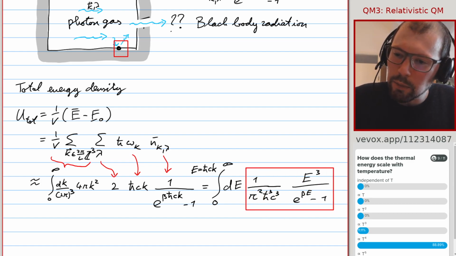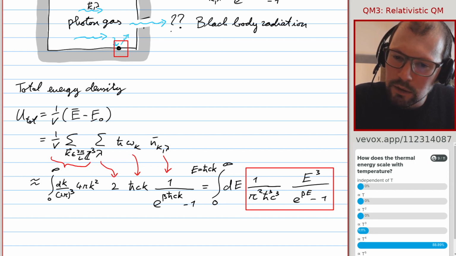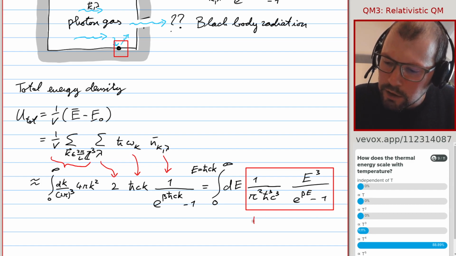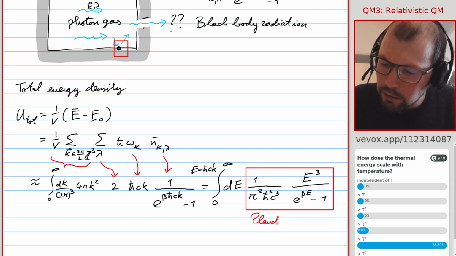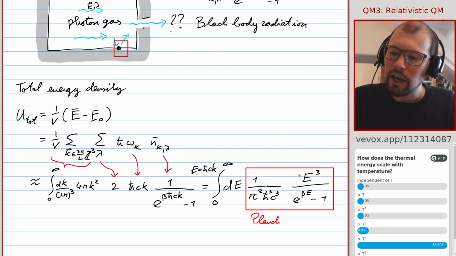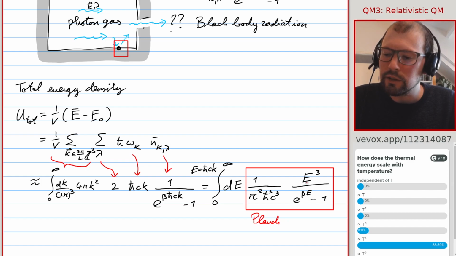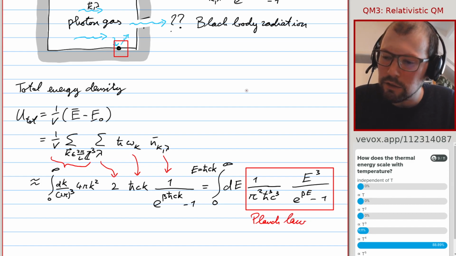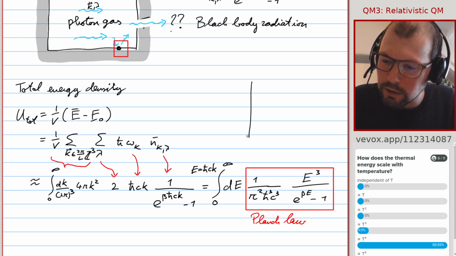And this is precisely Planck's law. It tells you the energy stored in the photons that have energy or wavelength close to E. And it's this very famous curve.